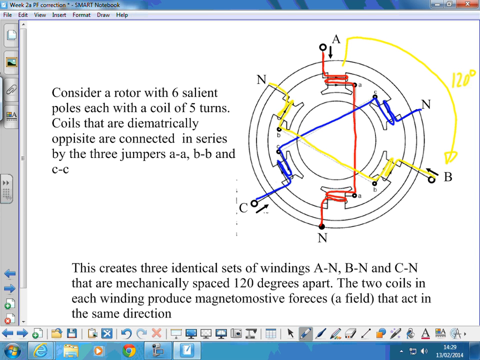When winding A is energized with the peak voltage, it creates a magnetic north and a magnetic south pole on those 2 coils.